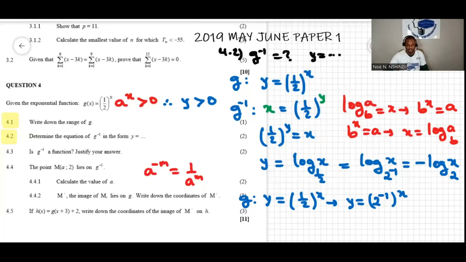So a half can be written as 2 to the negative 1. Now, this is the same thing as 2 to the negative x, because we're going to multiply the exponents here, negative 1 times x, according to the law of exponents that says a to the m, all to the n, equal to a to the m times n.